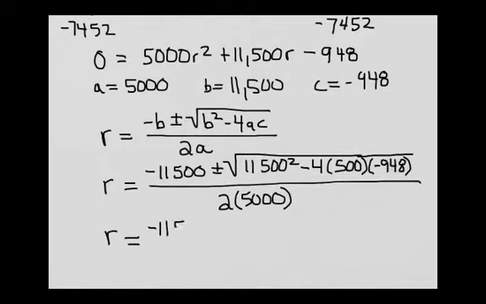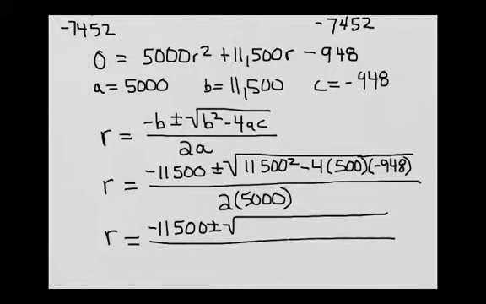Now I'm going to use my calculator and plug in some numbers to simplify this a little bit more. I know that 2 times 5,000 is going to give me 10,000, so that's going to be my denominator. But now to find out the value of the discriminant, that is the part that goes under the square root, I'm going to use my calculator.